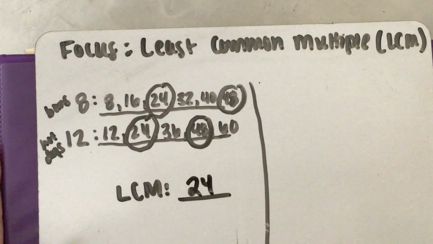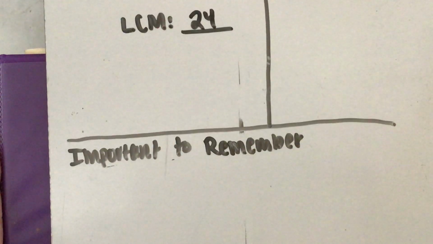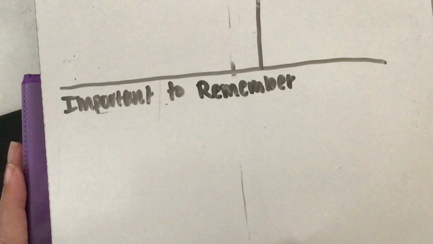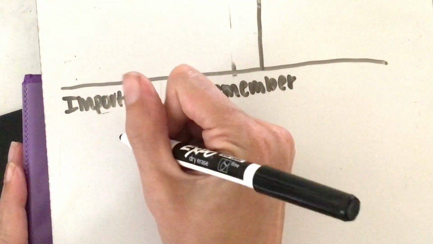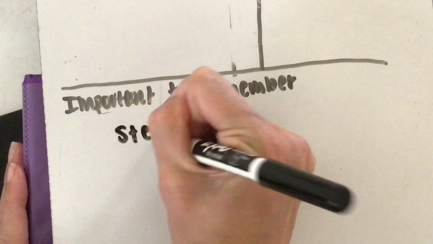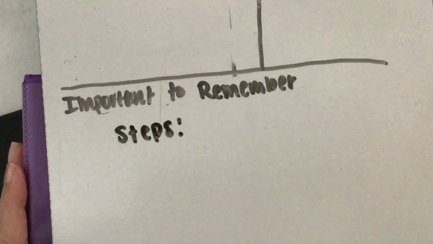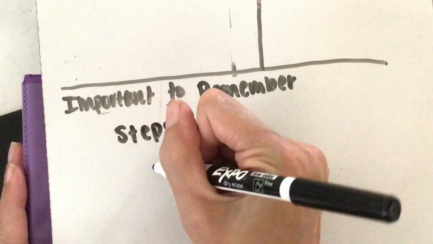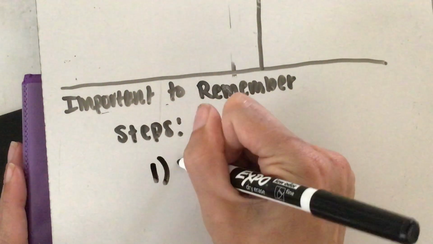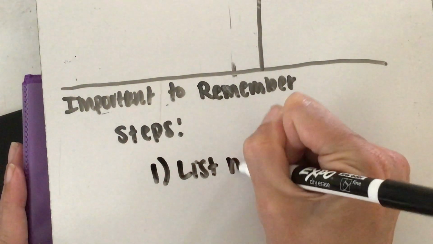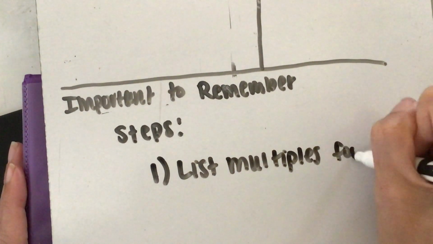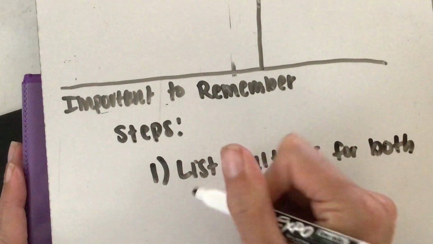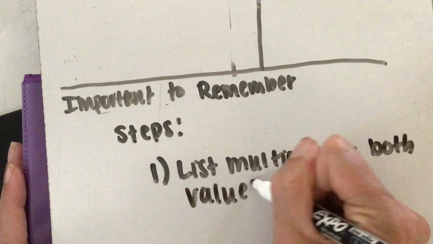Now I'm going to take some time to write down important things to remember so that I can do this again with another example. The steps to finding the least common multiple: one, list multiples for both values.